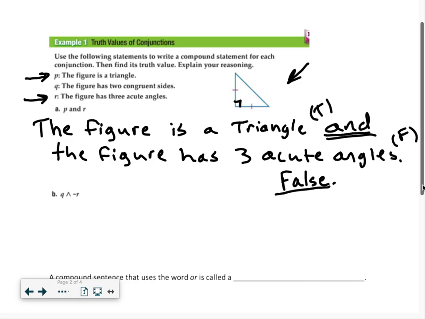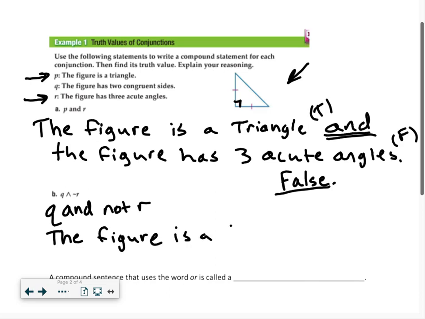All right, so let's look at another example. This is Q, and that's not R, or the negation of R. It's got the little squiggly in front. So let's write out what this would mean. Q: the figure is a triangle. Use that abbreviation there.